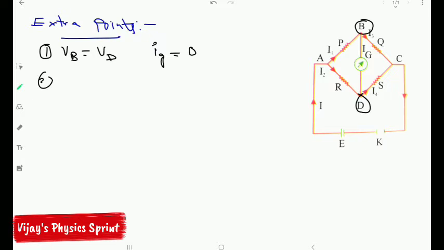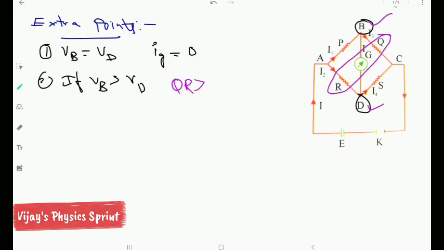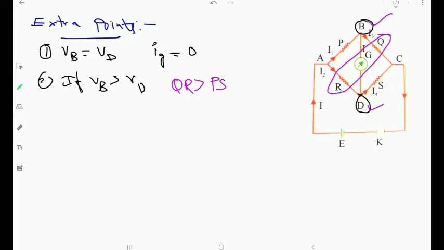Second, if the potential at point B is greater than potential at point D, meaning high potential to low potential, which is possible when QR is greater than PS, then the current through the galvanometer, Ig, flows from B to D. Direction of current is B to D.